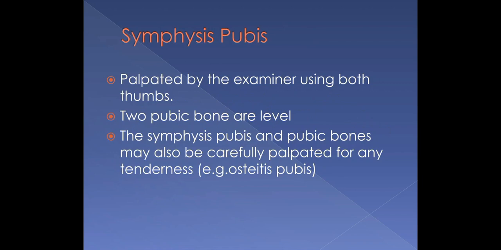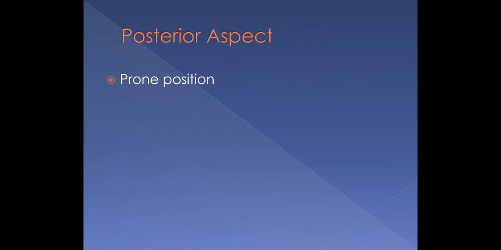Standing at the patient's side, the examiner pushes both thumbs down onto the symphysis pubis so that the thumbs rest on the superior aspect of the pubic bone. In this way, one can ensure that the two pubic bones are level.